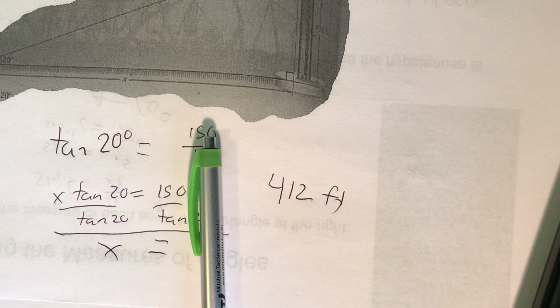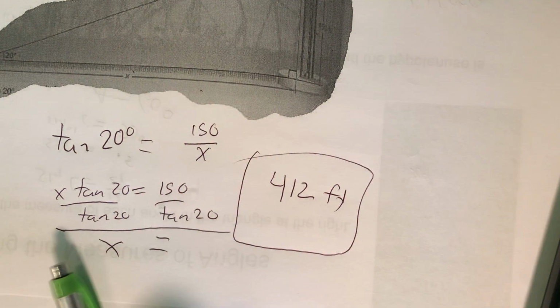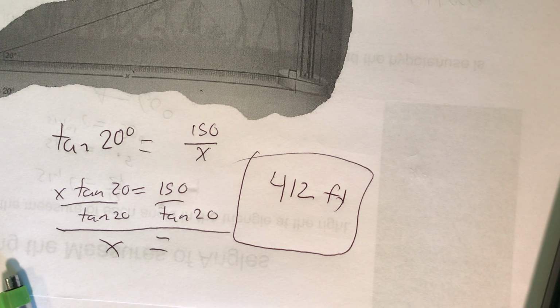Okay. And then the book, I don't know, it says you are about 410 feet away from the ride. It rounded to the nearest 10 feet. I don't see the point in that, and it doesn't say to round your answer like that. I would go to the closest foot, in my opinion.